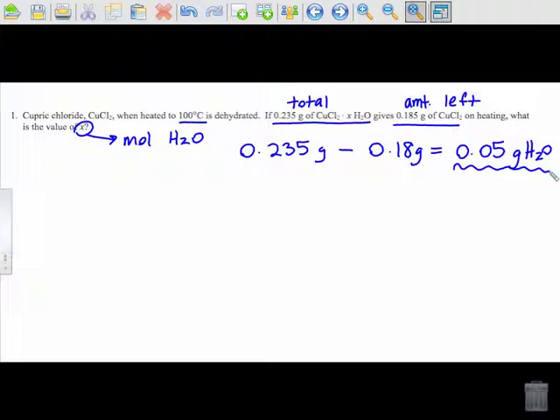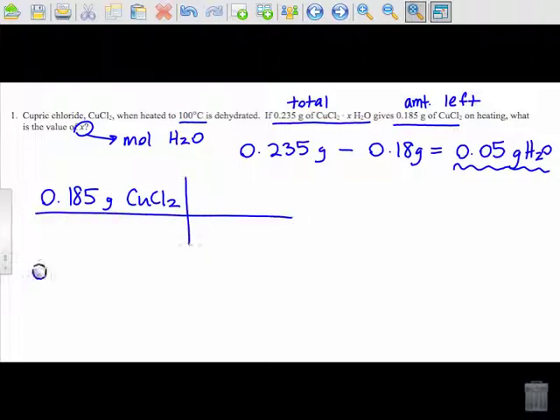Okay, next step for hydrates. And have you noticed most of these formulas generally have the same next step? If you're in grams, you go to moles. How do I do that? You divide by the atomic weight. So I take 0.185 grams of my anhydrous and 0.05 grams of my water.